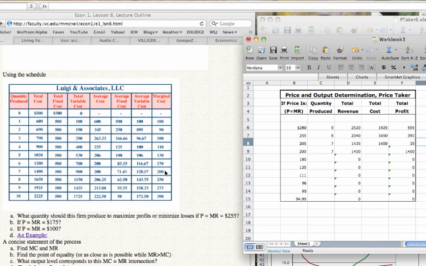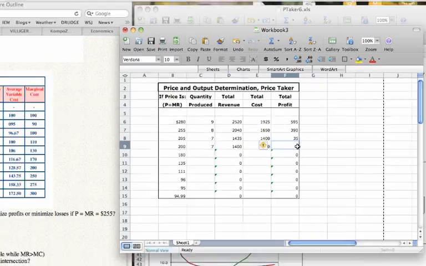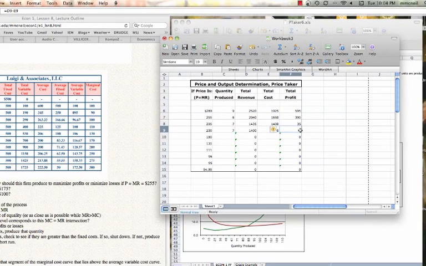Well, it turns out that at $200, they would produce 7 units, but the $200 is exactly equal to their average cost. We know that price minus average cost is equal to profit on each unit. So, at a price of $200, their total revenue was $1,400, but their total cost is $1,400, and so their total profit is 0. This is just a normal profit.